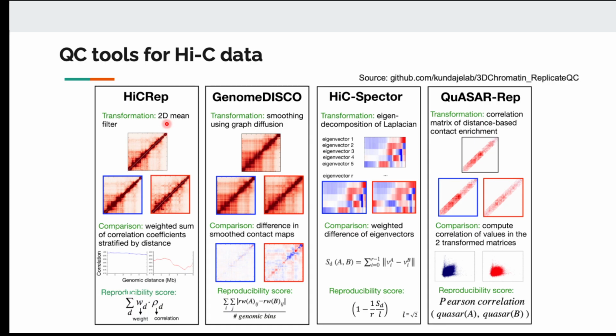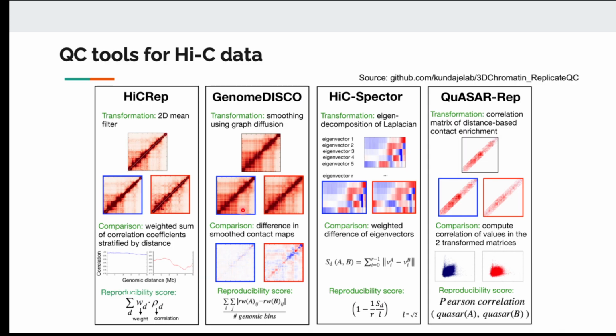There are many tools that will do this for you, and the only thing you need to do is to split your data into two halves. These tools use different analyses to visualize the 3D structure, the 3D interaction. The results from your two halves of the data will be compared, for example, by correlation or by the difference.